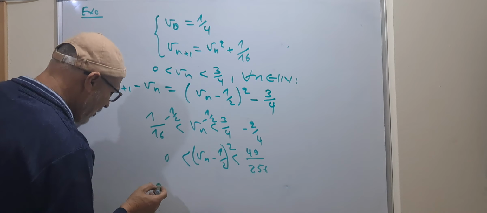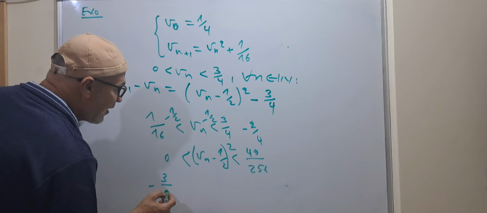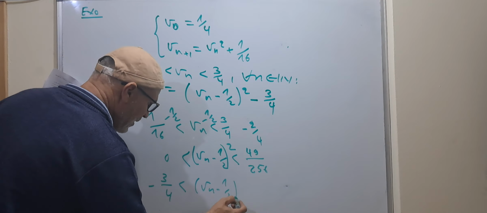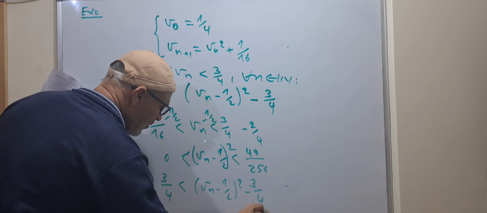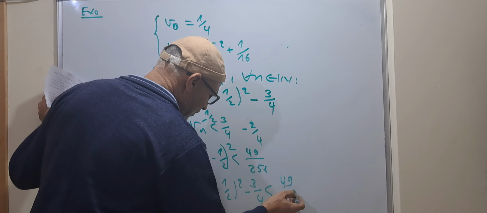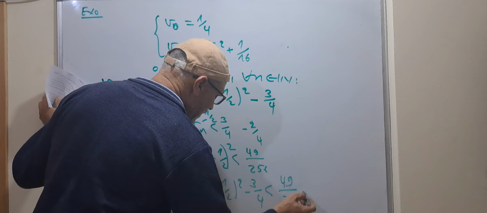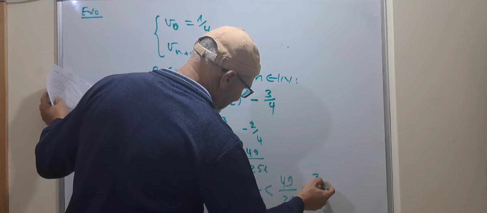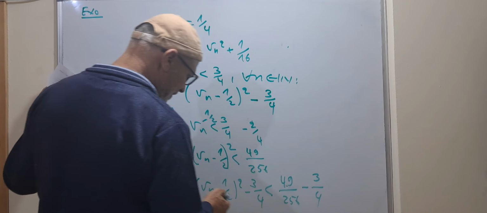We take minus 3 over 4, so minus 3 over 4 is less than Vn minus 1 over 2 square minus 3 over 4, which is less than 49 over 256 minus 3 over 4.